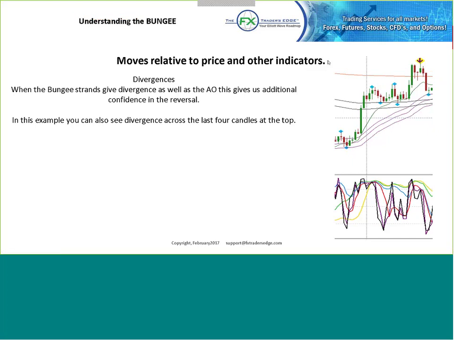Now, in the same way you get bar divergence on the awesome, I want you also to look at those last four candles, and even there you can see divergence on the green, the blue, the red. So we've got divergence for the bigger move and divergence right at the end, and what happens next? The market reverses. So do look for bungee divergences as well as awesome oscillator divergences. They are extremely helpful.